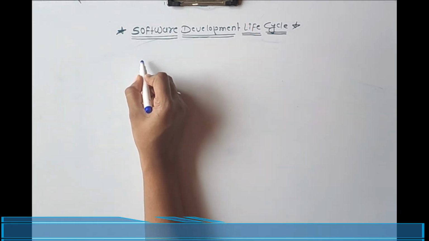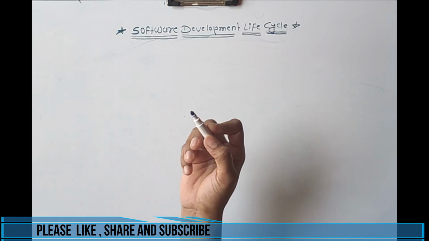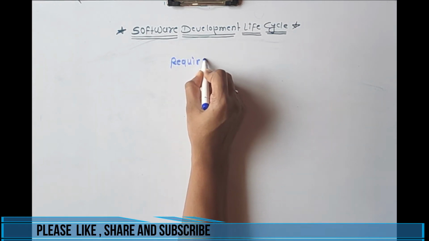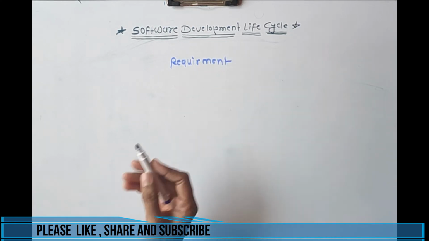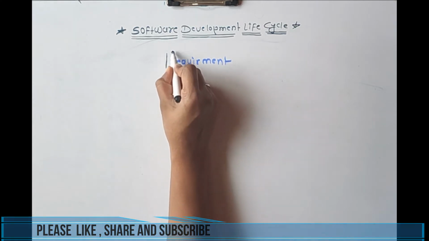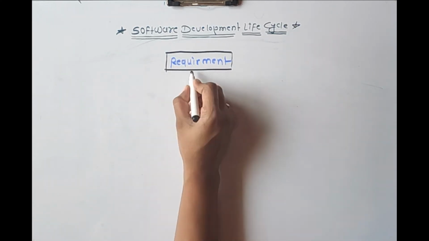The phases included inside the software development life cycle: the first one is requirements. The first phase inside the software development life cycle is the requirement phase.